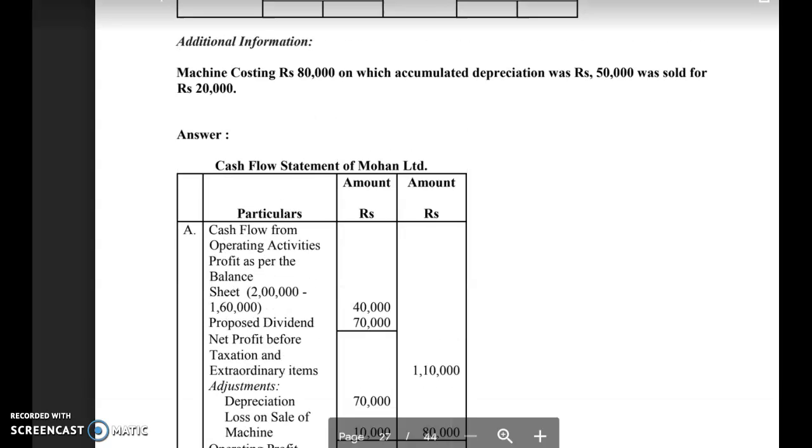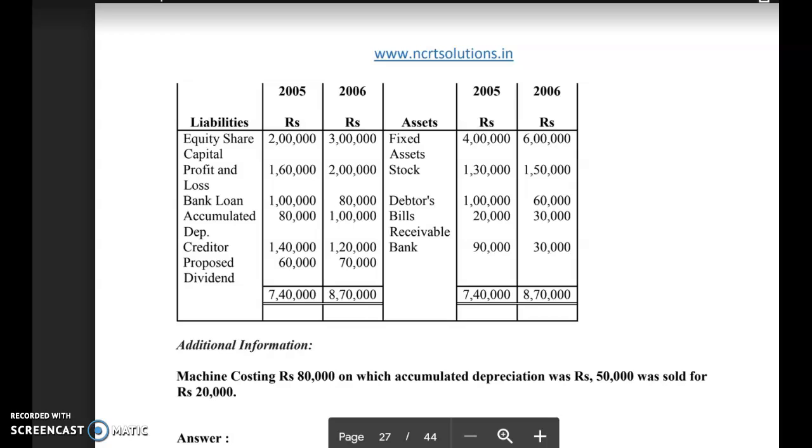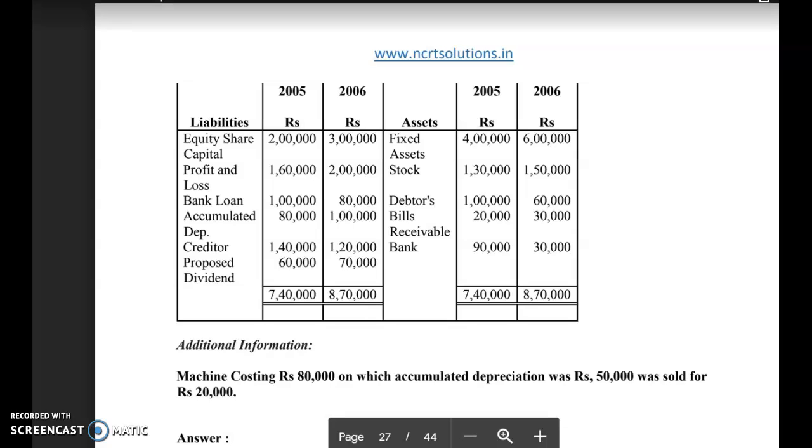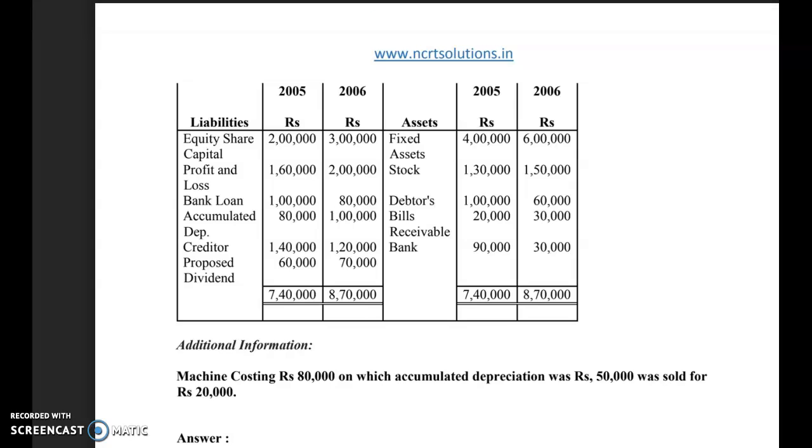Now we have to take the effect of the working capital changes, and the effect is to be taken without the item of cash and cash equivalents. These are debtors, bills receivable, and creditors, because bank loan will be taken as a long-term liability. The rule for taking the effect is that if there is a decrease in a current asset, that will be added, and if there is an increase in a current asset, that will be deducted.